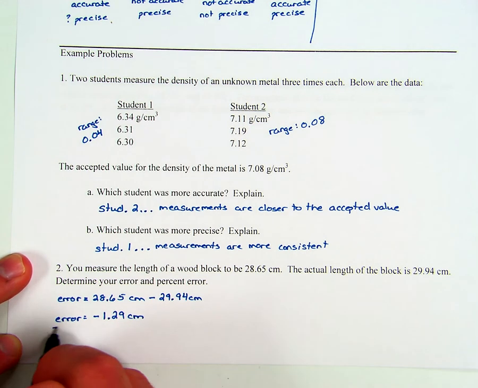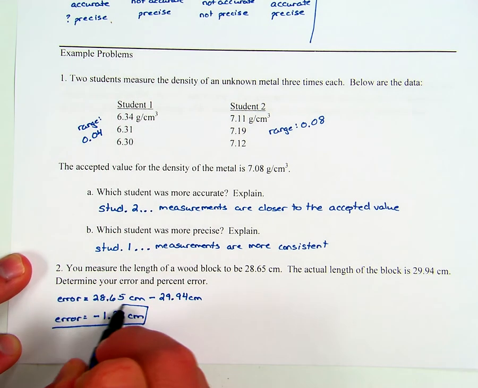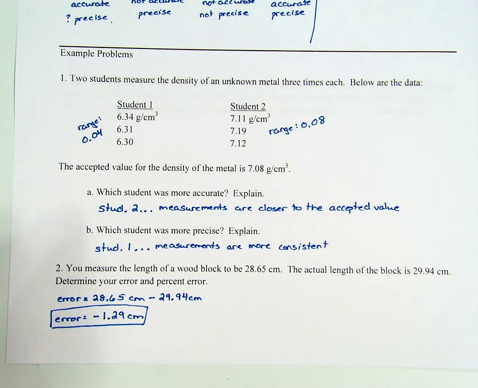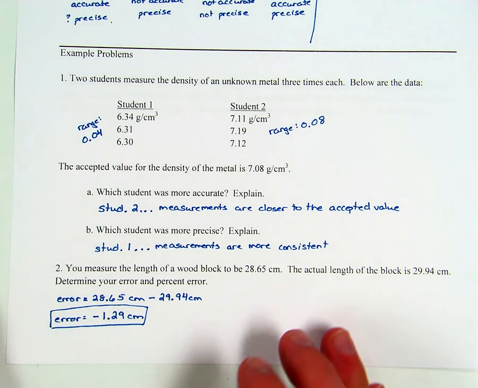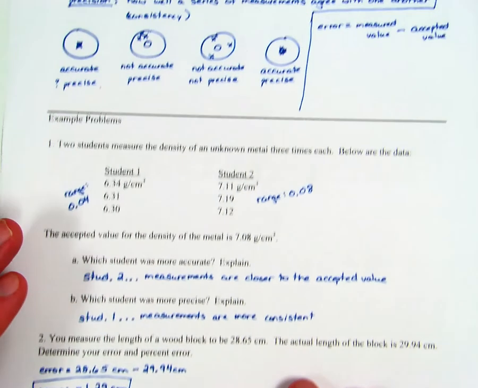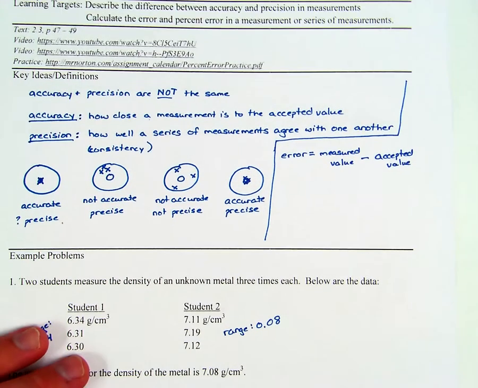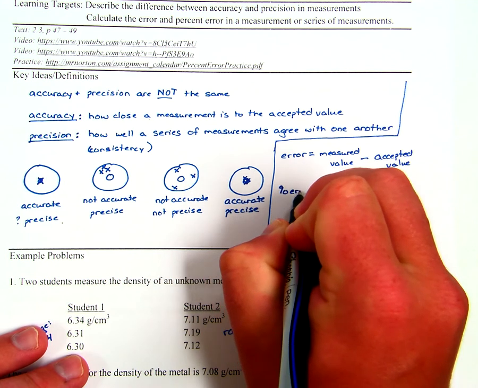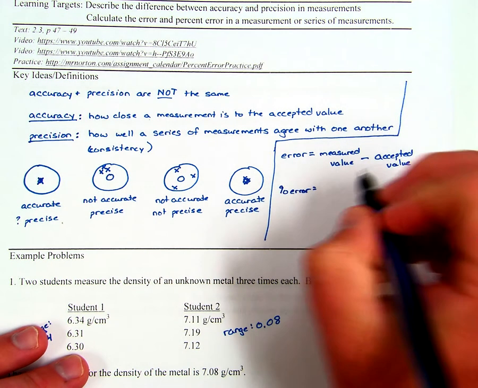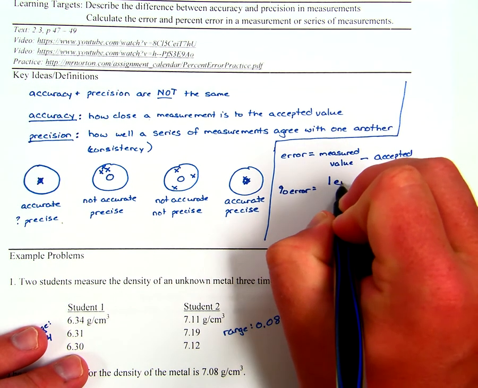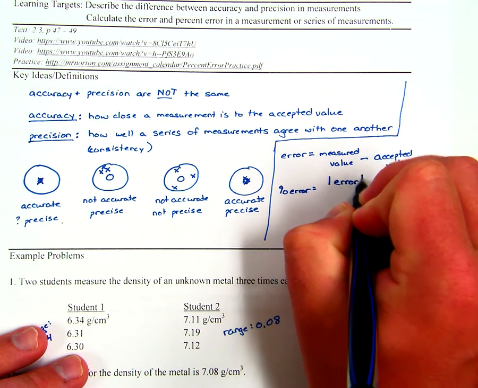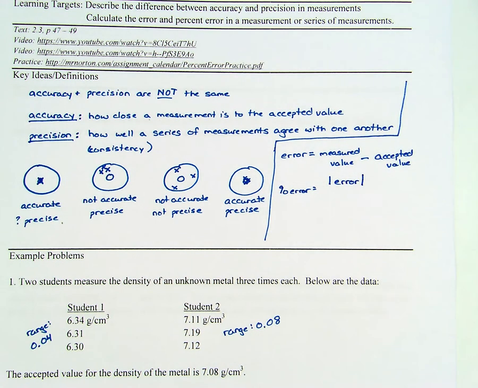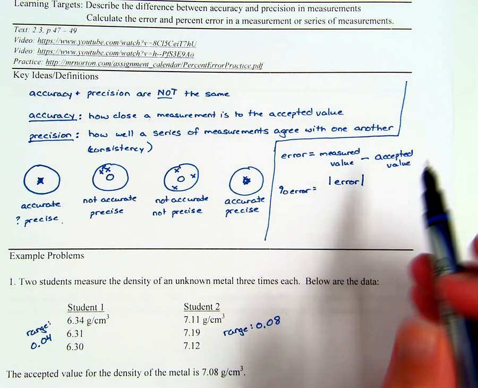The percent error is often something that's more useful to us than error, and you'll see why in just a second. We're going to jump back up here to the key ideas and write another equation. Our percent error is equal to the absolute value of our error. Recall from what you've learned in math, this notation with the two solid vertical lines is absolute value.